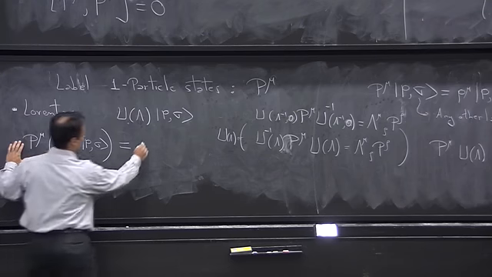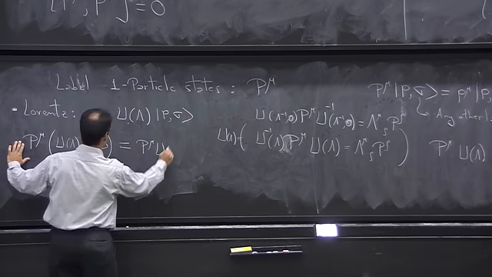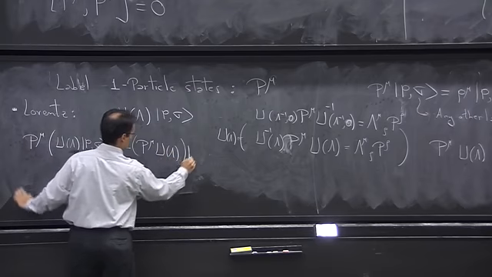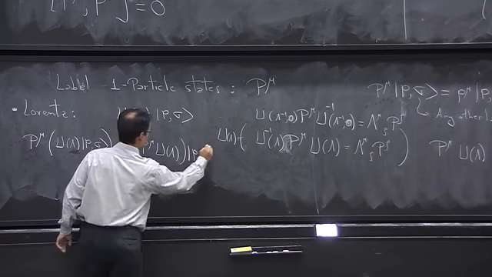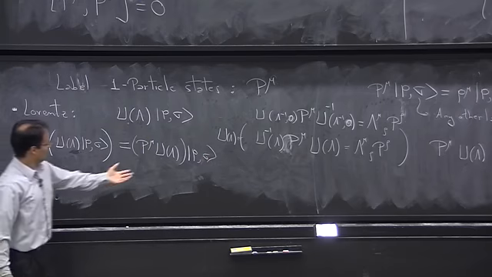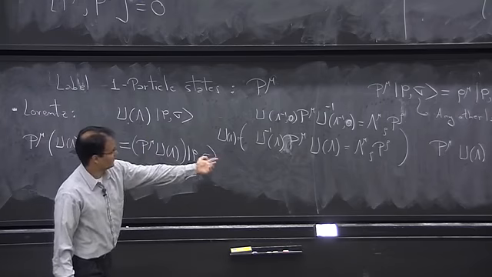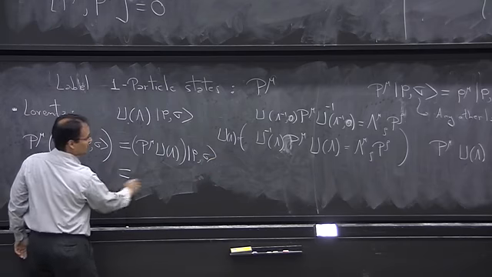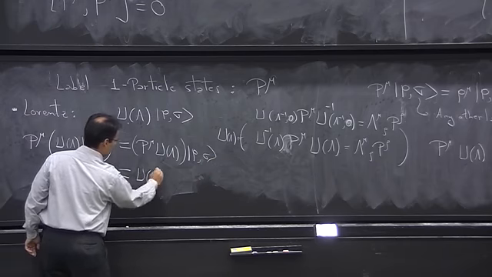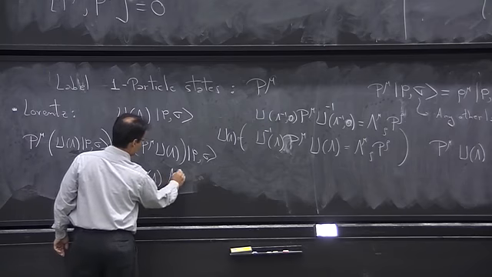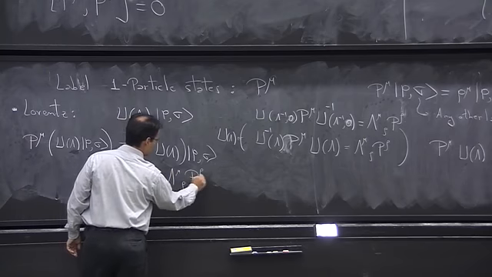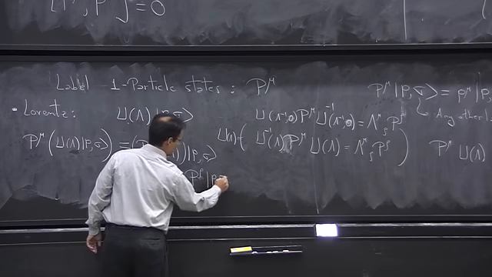Because this is nothing but p mu u of lambda applied to p sigma, okay? But this is exactly what we have there. So we can replace it and say that this is u of lambda times lambda mu rho p rho acting on p sigma.